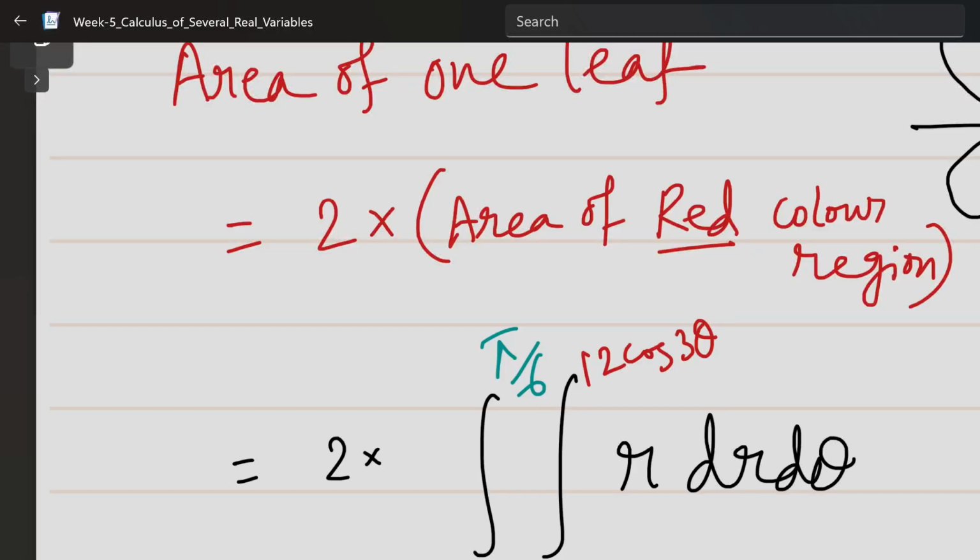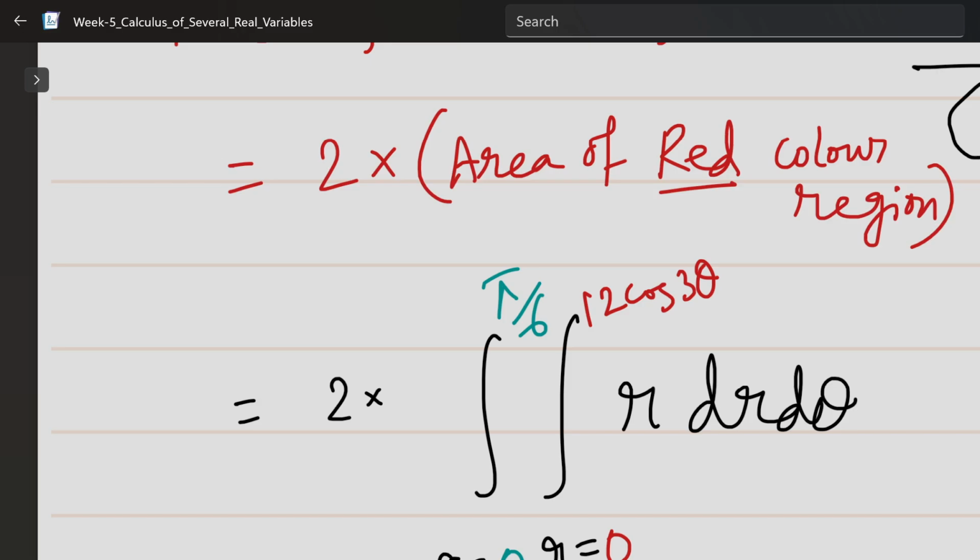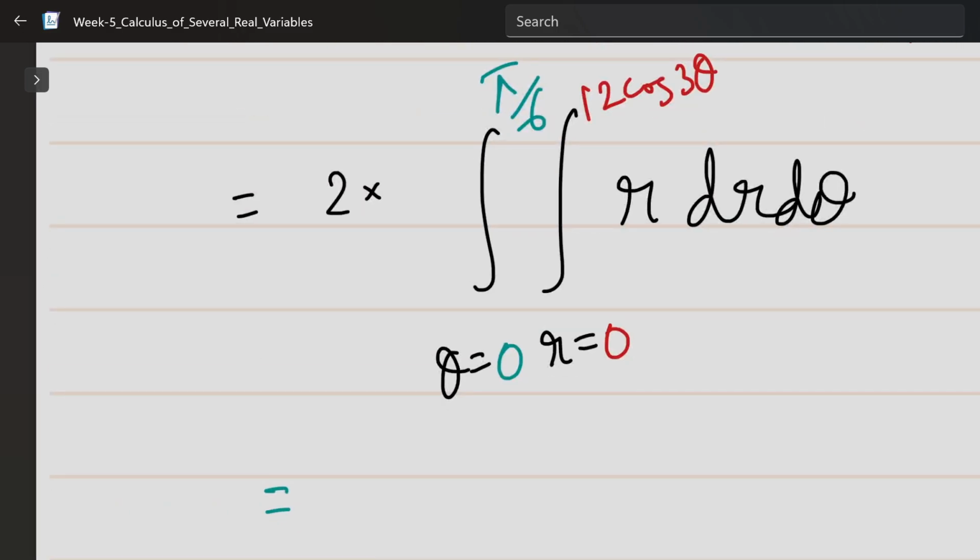Okay. So what is the answer? Just integrate now. So 2 into, why do I multiply with 2? Because it is a symmetric region. I am finding only for this region, the black region. So 2 into means total region. So theta is from 0 to pi by 6.